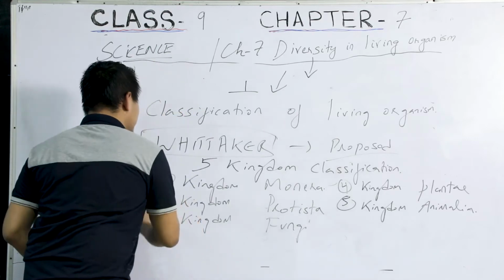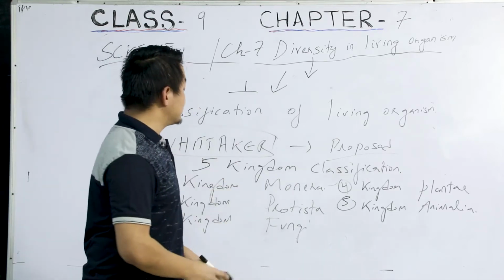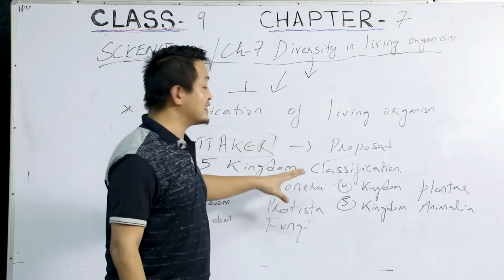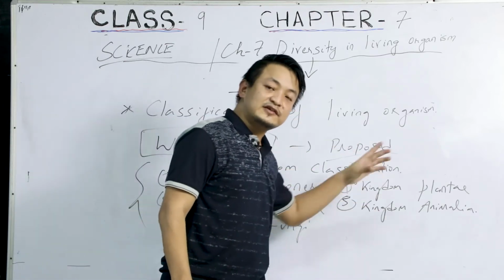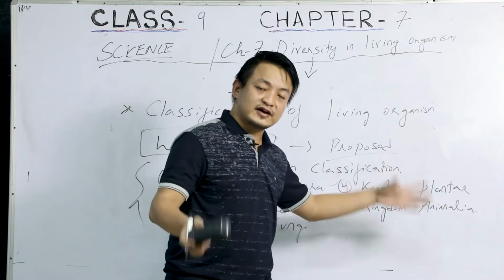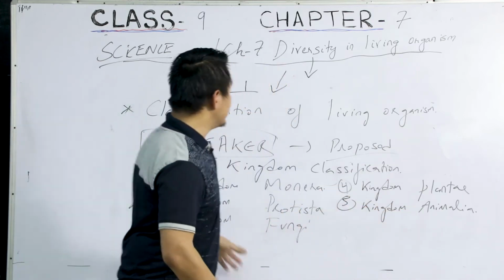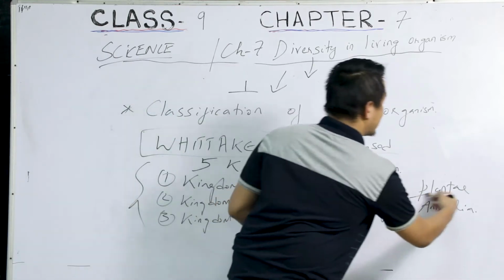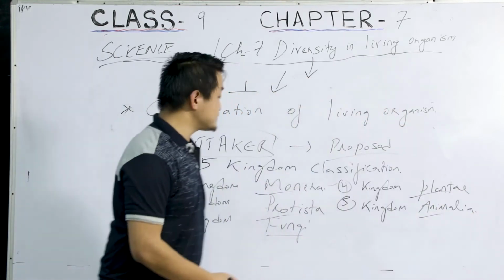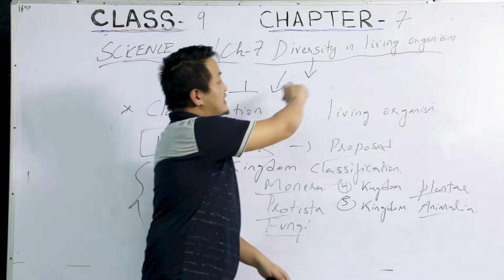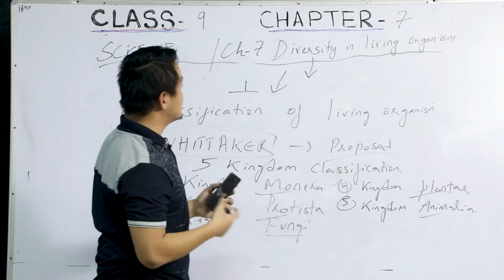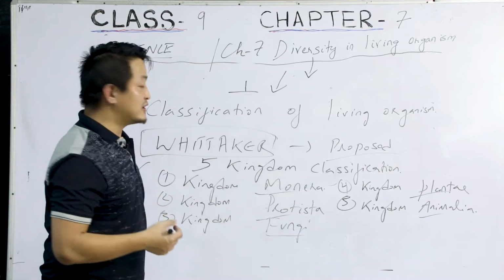So in basic terms, Whittaker proposed and classified all the living organisms surviving on this earth into 5 kingdoms. That is Monera, Protista, fungi, Plantae, Animalia. Okay. So I'll make a chart. I'll make this classification in a chart so that it will be easier for you. Clear?